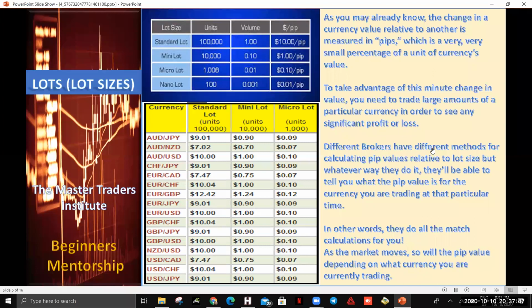Different brokers have different methods for calculating pip value relative to lot size, but whatever way they do it, they'll be able to tell you what the pip value is for the currency you are trading at the particular time. In other words, they will do all the math calculation for you. As the markets move, so will the pip value, depending on the currency you are currently trading.